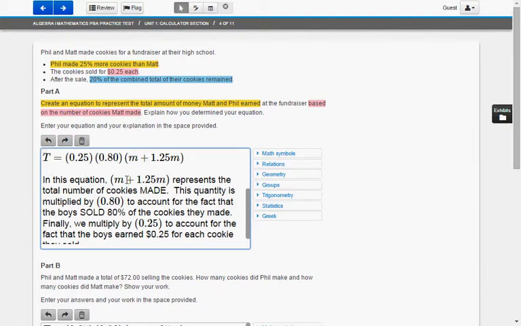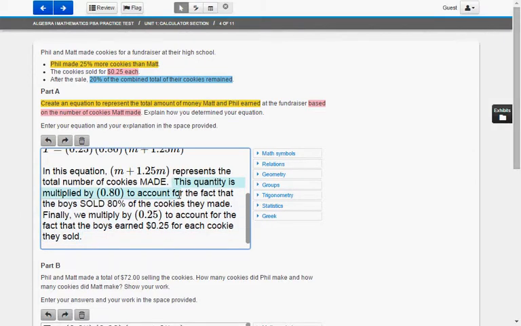So I said in this equation, m plus 1.25m represents the total number of cookies made. That's Matt's cookies made plus Phil's cookies made. So it's the total number of cookies that they made. And this quantity is multiplied by 0.80 to account for the fact that the boys sold 80% of the cookies they made.